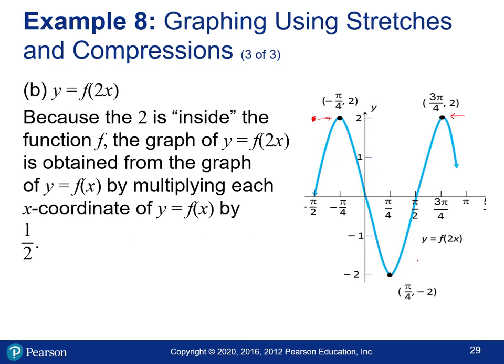And this point, remember, this was at (pi/2, -2), and so it got compressed by a factor of 1/2. So think of it as like getting cut in half. What used to be at pi/2 is now pi/4. It's right here. So the compression, it's not quite a shift, because notice some points went left and some points went right. It's more of a pushing inward from the left and the right, the compression.